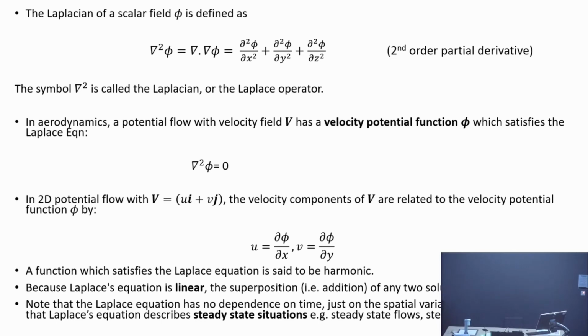The d phi dt is 0, and therefore d squared phi dt squared is also 0, which is why we only have the spatial derivatives here. So the Laplace equation can be used to model realistic steady flow situations like steady flow around an airfoil or a cylinder, or steady heat conduction. That's another one, but that's heat.